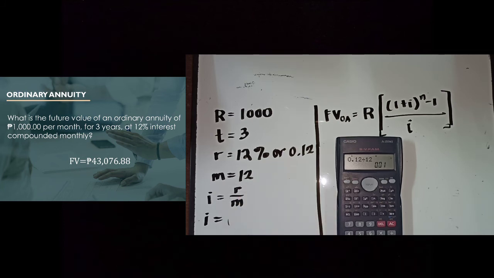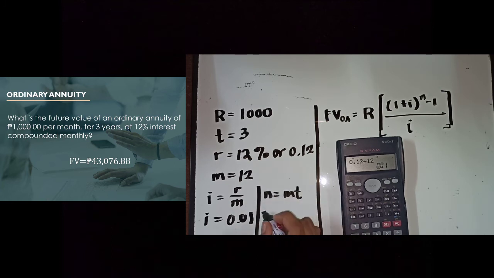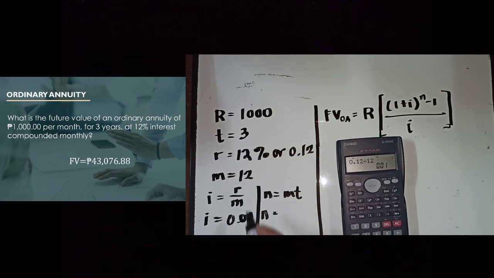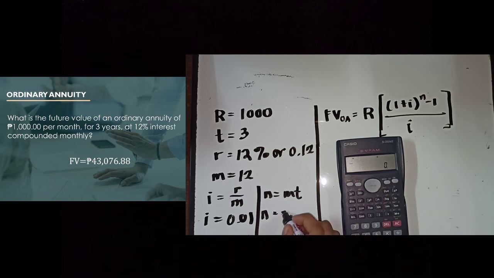So the answer is 0.01. So the value of your I is 0.01. Next, the value of our N. N is equal to MT. T is 3 and M is 12, so 3 multiplied by 12 is equal to 36.